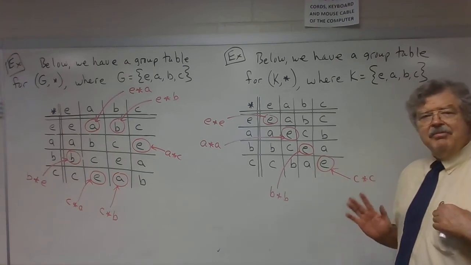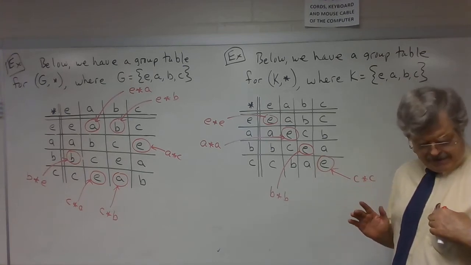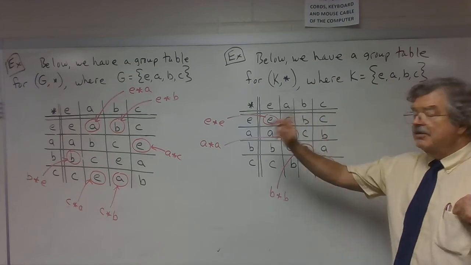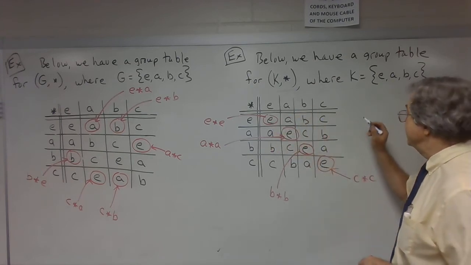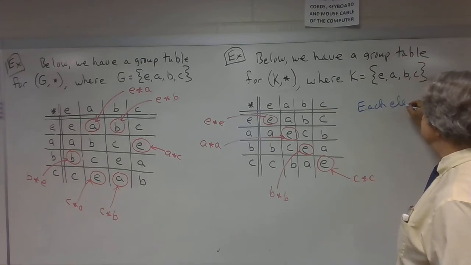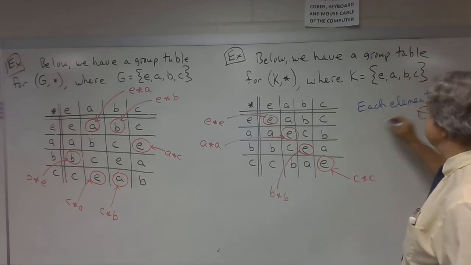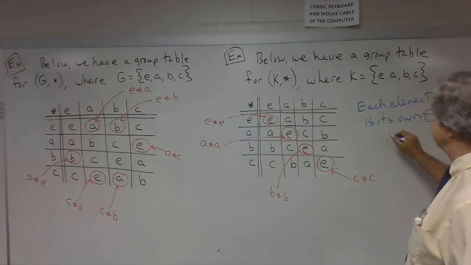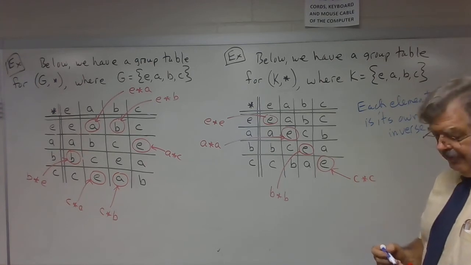Now do we see the property that this table has? It's something the other table doesn't have. In this table, each element is its own inverse.